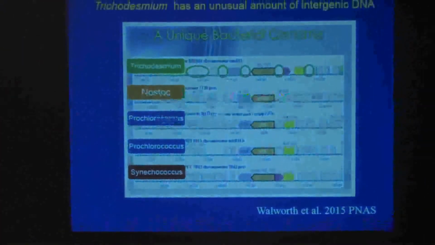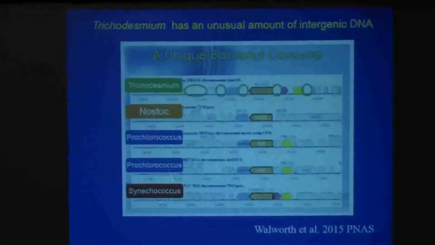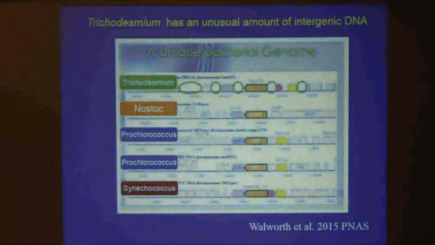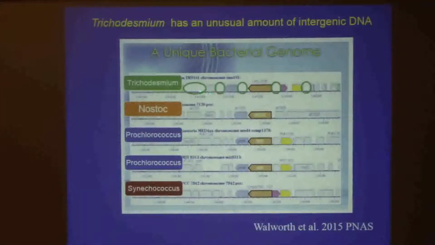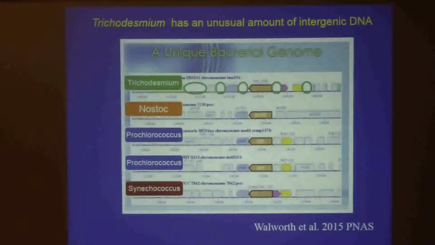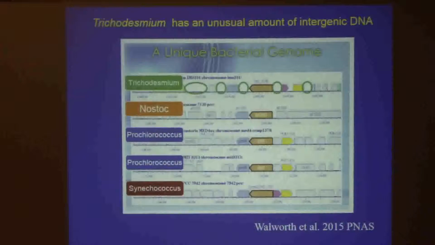Trichodesmium, which is a perfectly good photosynthetic bacterium, has a really weird bacterial genome. Here's Trichodesmium up here. These are genes. Here's 4 other cyanobacteria. And if you look closely, you don't have to look too closely because I've circled them, there's empty spaces in the genome of Trichodesmium that don't code for any proteins.